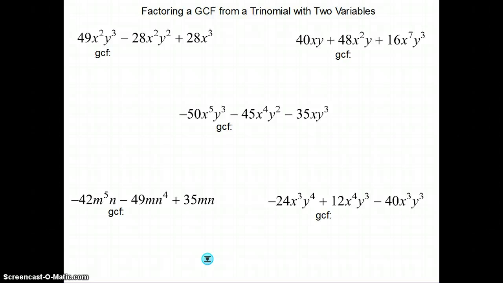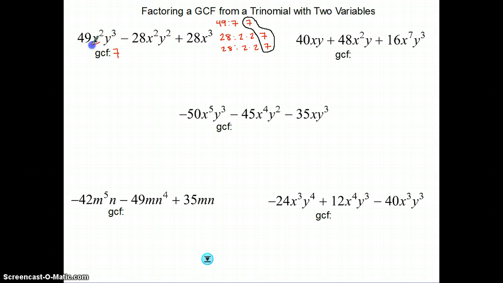It may be easiest to do if you list all the prime factors of each term. 49 is 7 times 7, while 28 is 2 times 2 times 7. And again, I have another 28, which is still 2 times 2 times 7. The factors that each of these all have in common are the 7s. All 3 of them share 1 7, so I'm going to take out a 7.